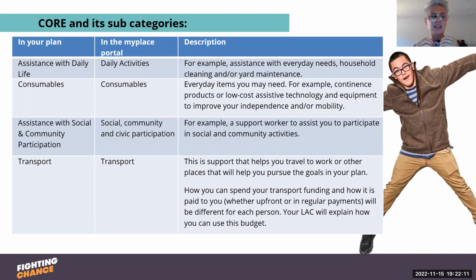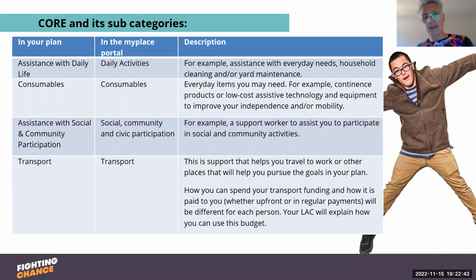And I just want to make a note here, that you'll often find that local area coordinators or planners will say, yes, this money will be put into your bank account periodically every fortnight. You don't have to do that. You can actually say, no, I would like it to be self-managed, or no, I would like it to be plan managed.